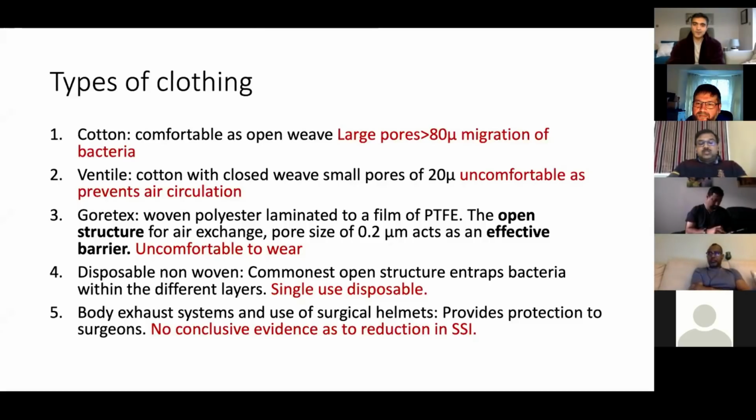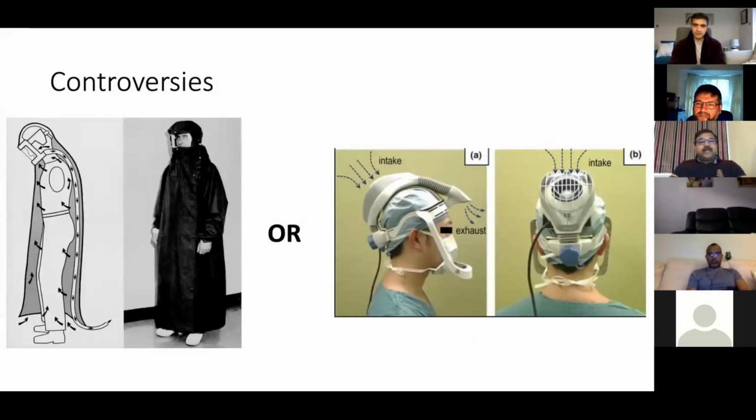Body exhaust systems and use of surgical helmets. The definite evidence is they provide protection to the surgeon. There is no conclusive evidence as to reduction in surgical site infection. Now, coming to the two different types, the body exhaust system, which was by Charnley, was a negative pressure system.